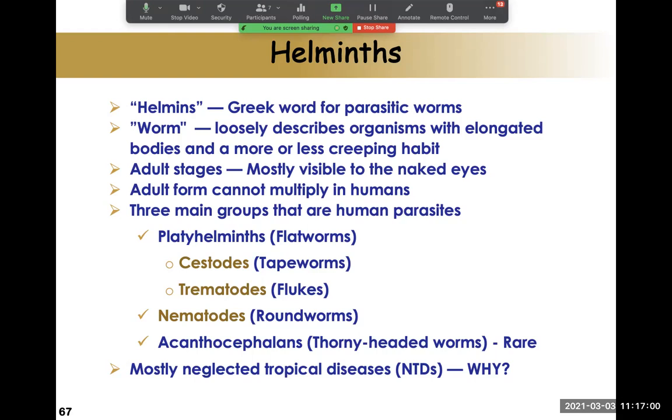And this is mostly neglected tropical disease. Why, Fatuma? I don't know if she can hear. Yes, she's there. Why are helminthic infections mostly neglected? Fatuma, can you hear me? All right.